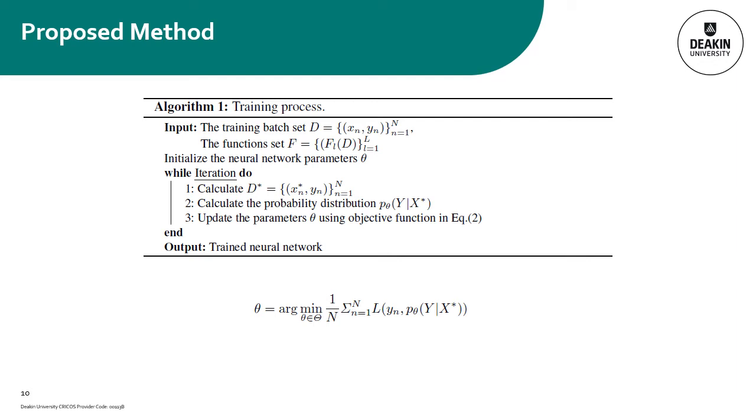In every iteration we transform the training dataset using feature extracting functions and provide the transformed dataset as an input to the neural network, which optimizes on this equation, which is a normal log likelihood optimization function.